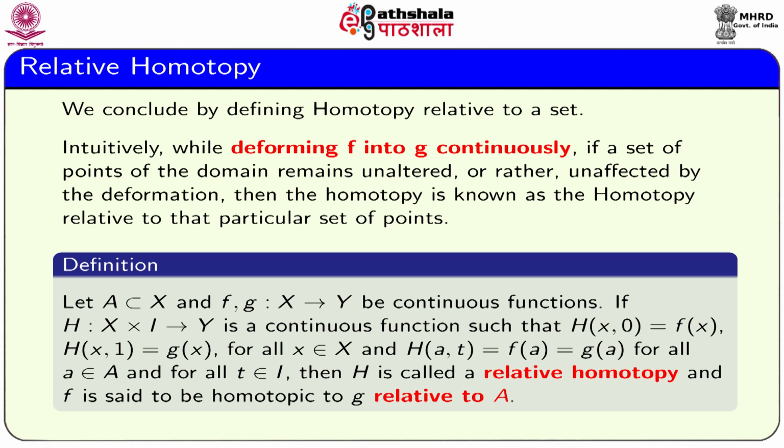If in particular we choose A as an empty set, then the definition of relative homotopy reduces to that of a homotopy, because there is no point in capital A and therefore there is nothing to satisfy the last condition.